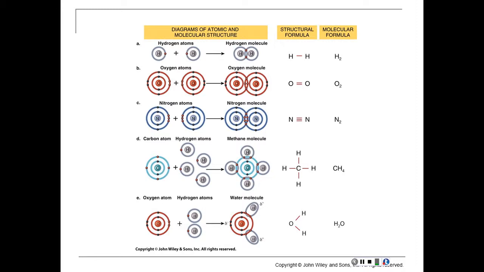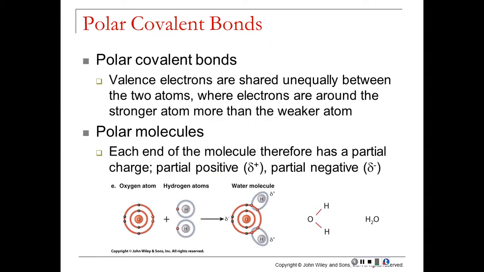Because it's such a larger molecule, it takes those shared electrons longer to go around the oxygen than it does just to zip around the hydrogen. So these shared electrons are around the oxygen longer than they're around the hydrogen, which gives oxygen a slightly negative charge and hydrogens a slightly positive charge, which makes water a polar molecule.